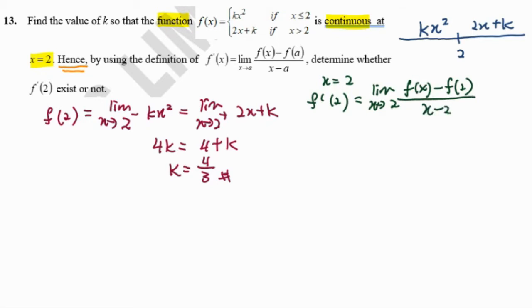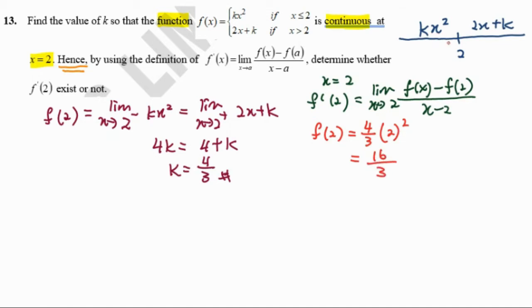So the first step, we are going to find what f(2) is. f(2) occurs at kx squared, where k is 4 over 3, times x squared. So the point at x equals 2 will equal 16 over 3.